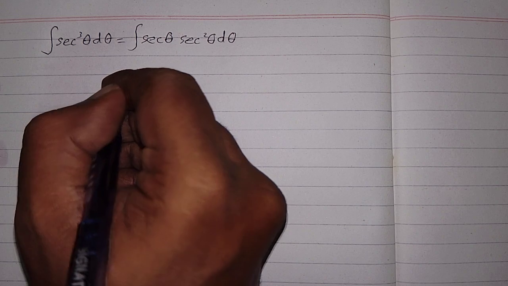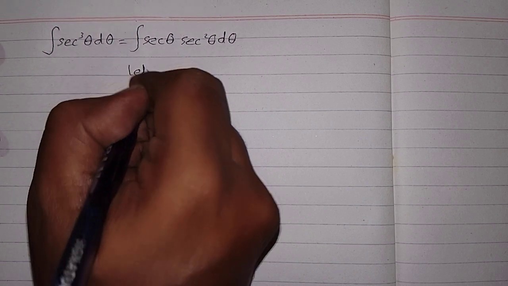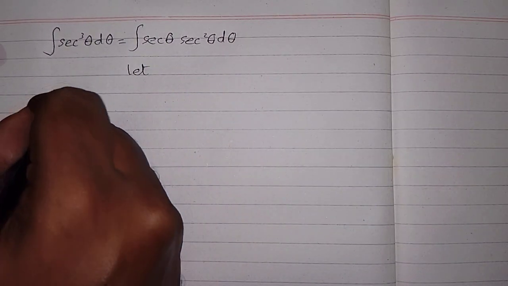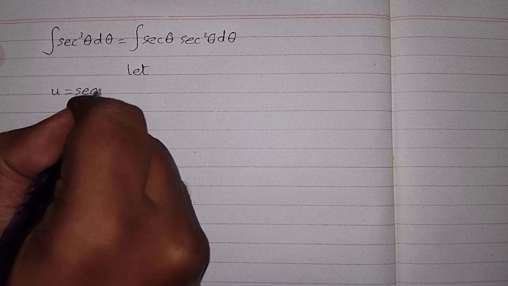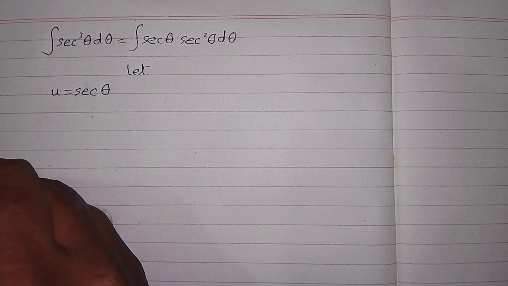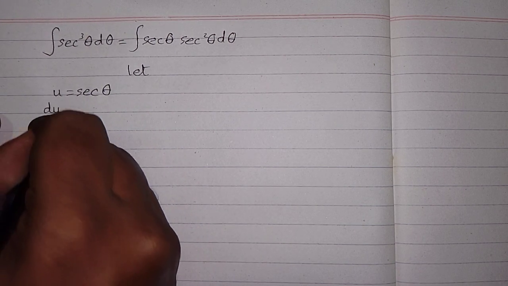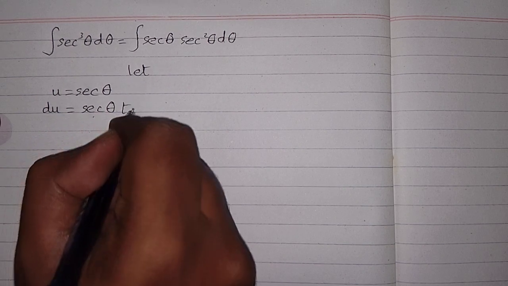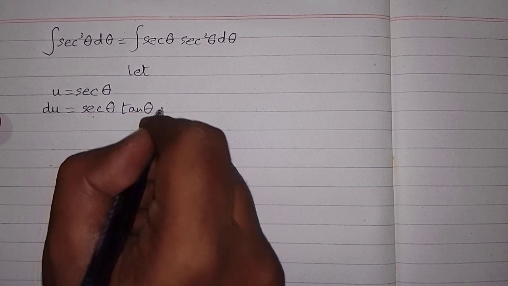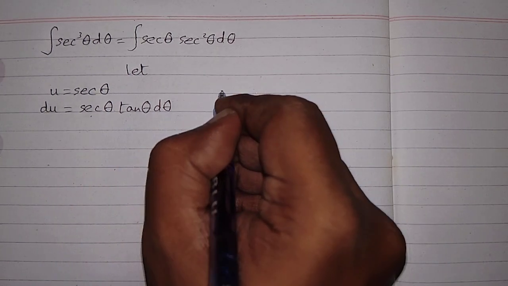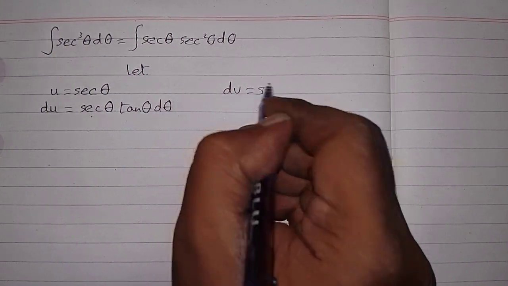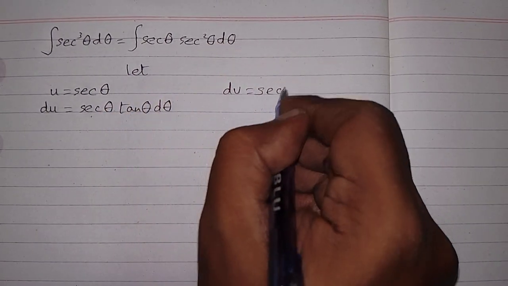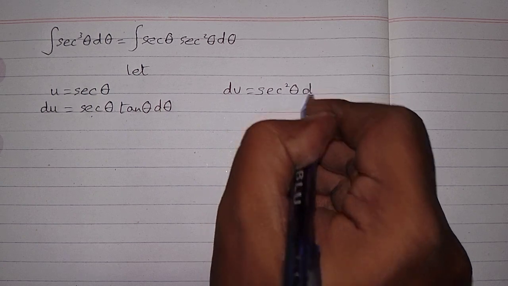And we can apply integration by parts. So first let u is equal to sec theta. So the differential du is equal to sec theta tan theta d theta, and dv is equal to this sec square theta d theta.